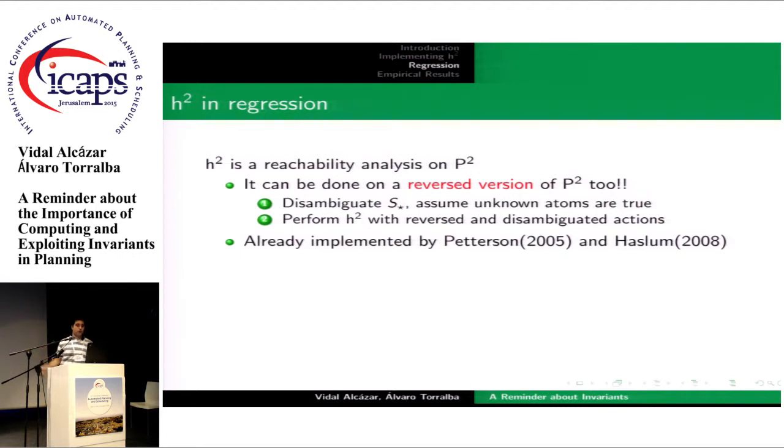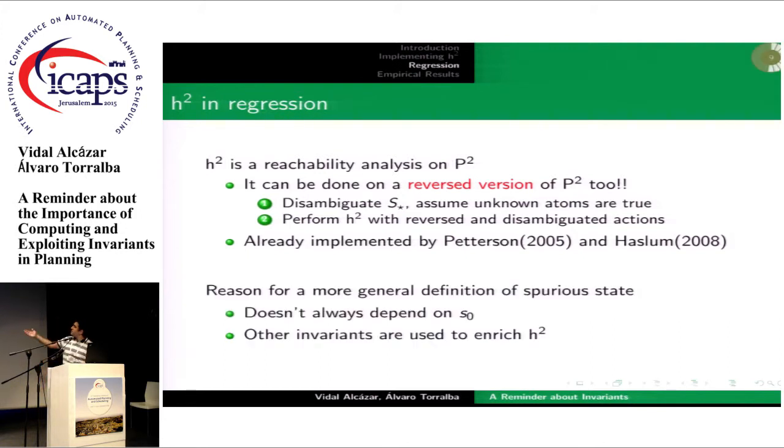And then you perform h^2 in a reverse task in which the goal and the initial state have been interchanged, and the actions have been reversed. This is actually the reason for which we use this slightly more general definition of a spurious state. Because with this, we are not only going to discover unreachable states, but we are also going to have a powerful dead-end detection method that can be used also for forward search.